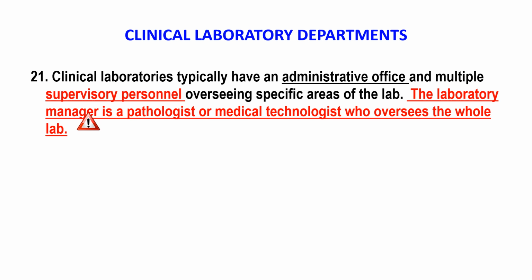Or sometimes the clinical laboratory is run by a medical laboratory scientist or a medical technologist, and the anatomical part of the lab is managed by the pathologist, and then both the pathologist and the clinical laboratory scientist work together as a team for the whole lab.